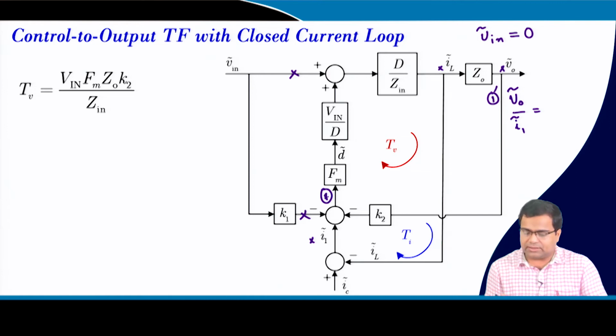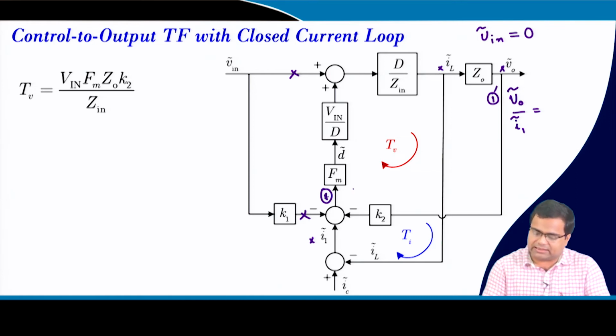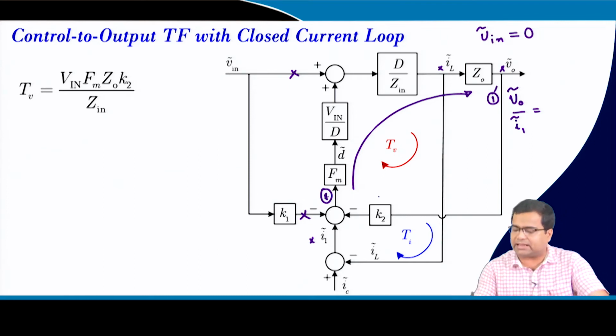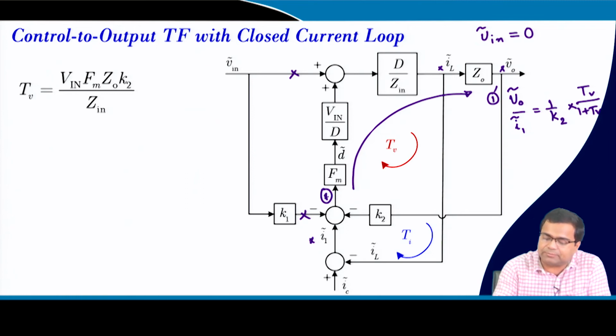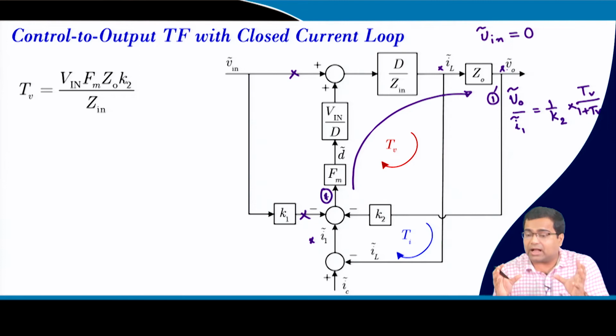What is there? You see this path contains everything in the forward path except for K2, so I can write it as 1 by K2 into voltage loop by 1 plus voltage loop, right, because the expression between this point and this point is the forward path divided by 1 plus the voltage loop.